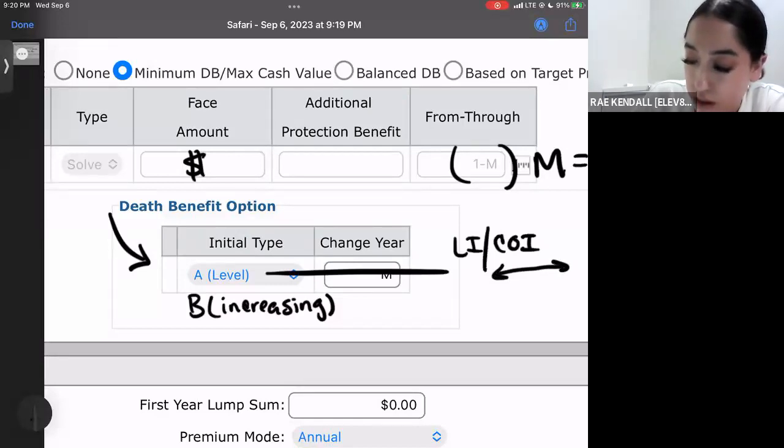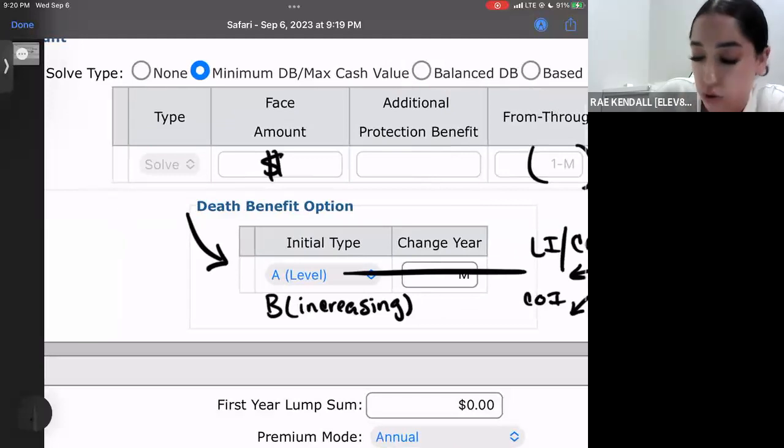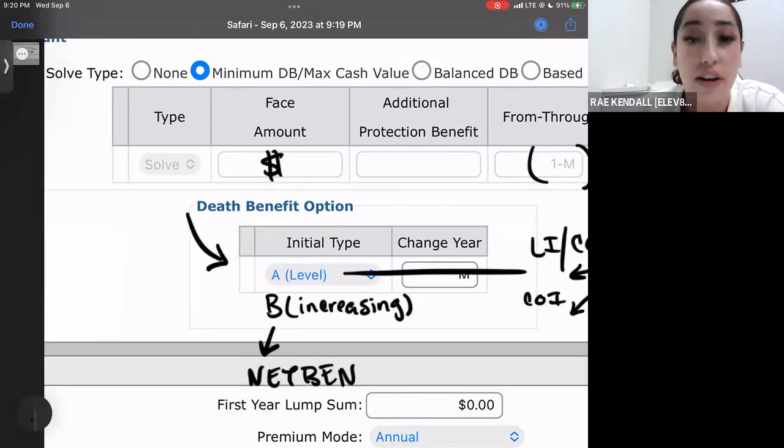Increasing means the cost of insurance would increase over time, right? We put it on increasing because when you put on increasing, you create a net death benefit that allows your beneficiary to get access to your life insurance plus your cash value.